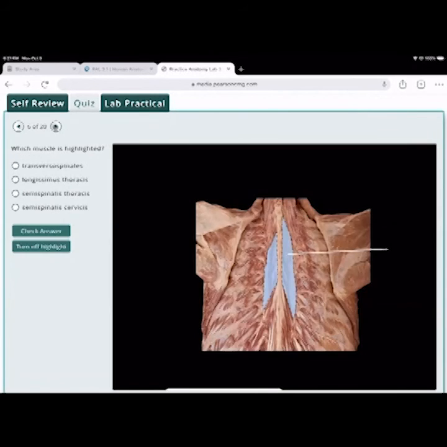What muscle is highlighted here along the spinal cord? Anybody want to take a guess?